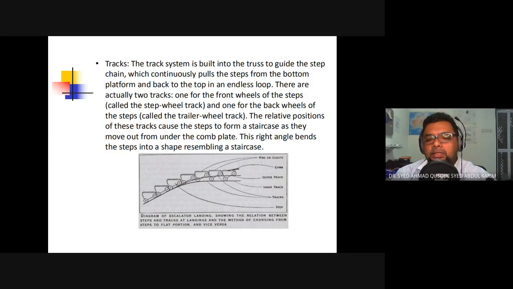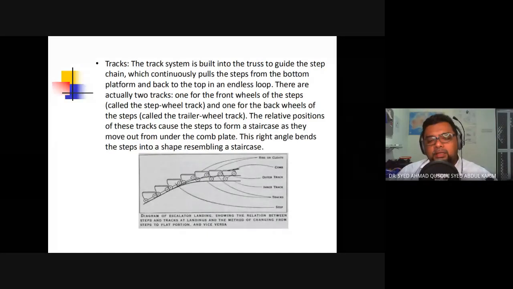So by having two tracks, we are able to flatten the steps and then make the steps appear during the climb.